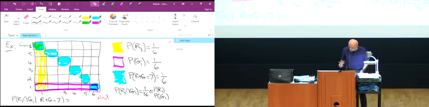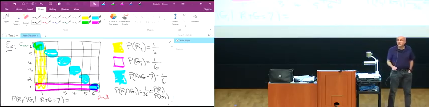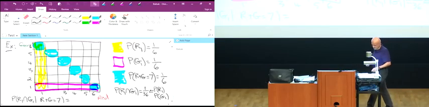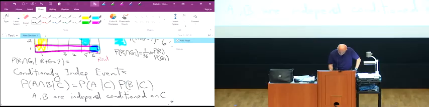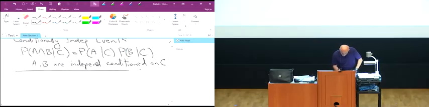Let me now talk about one other important situation that was raised earlier, which is that pairwise independence does not imply mutual independence. This is very important. Pairwise independence does not imply mutual independence.